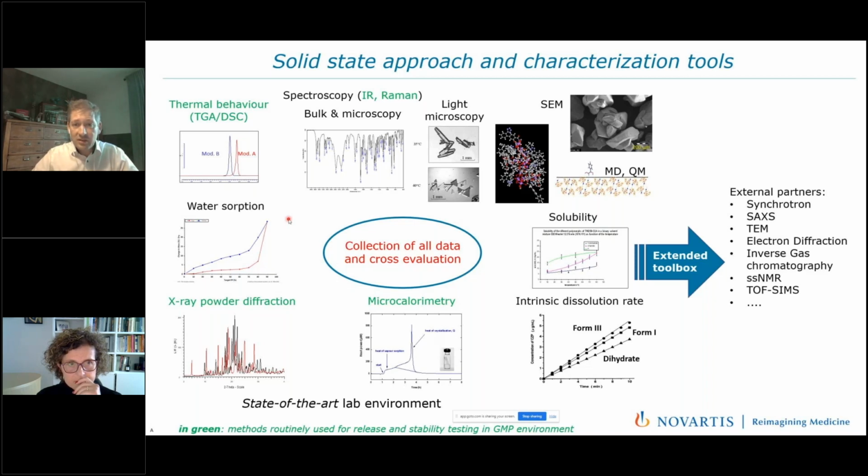To give you an idea of what our labs look like, you have here on this slide a collection of methods that we are using on a regular basis. Talking about solid state, one may certainly name X-ray powder diffraction, but we are also looking at hygroscopicity and thermal behavior: thermogravimetry, where we look at the weight loss upon heating, but also DSC, differential scanning calorimetry, in order to understand potential changes upon heating.